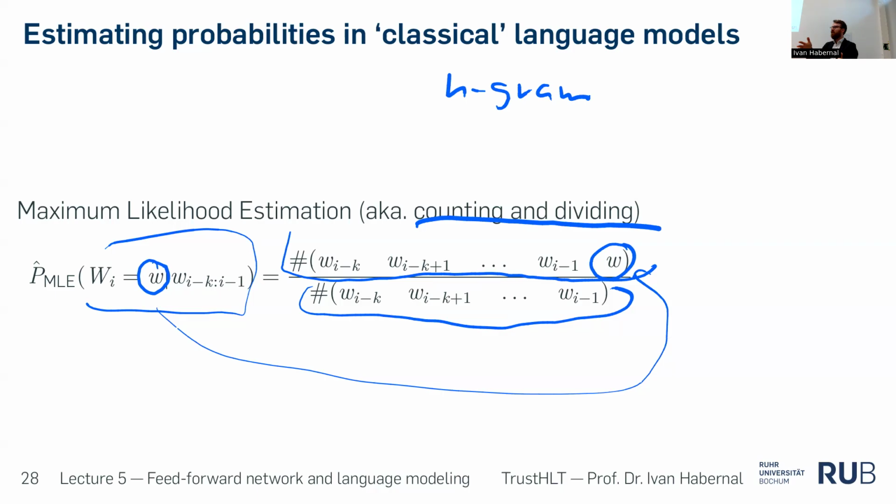All these probabilities you need to estimate, right? Because this is one of 50 or 100K, and each of the words in the previous context is again each word in the vocabulary. So for all the pairs of words, you need to know how to compute their probability. You need to know how to compute the probability of the sequence, the lazy cat barked loudly. What is the probability of this sentence?